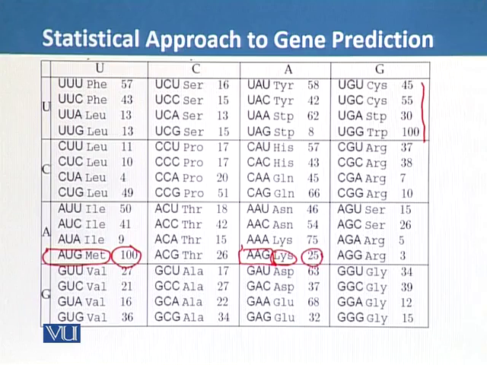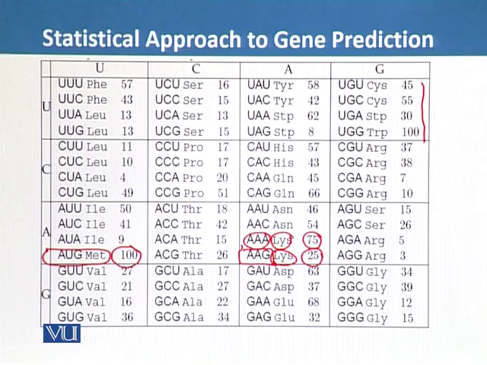Similarly, the codon AAA also codes for lysine, and its frequency is 75%. So the same amino acid is produced by two different codons, but the frequencies of the codons are very different from each other.